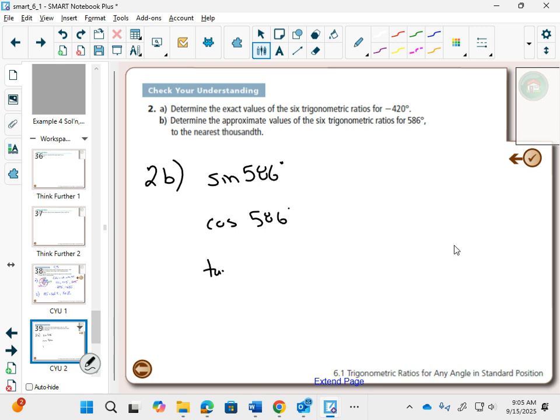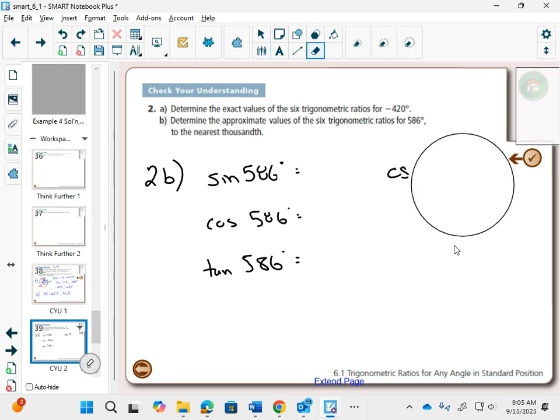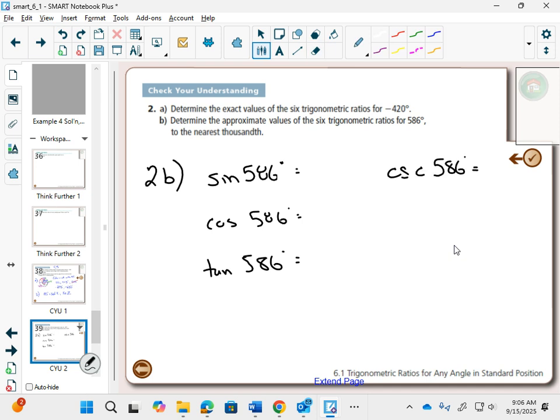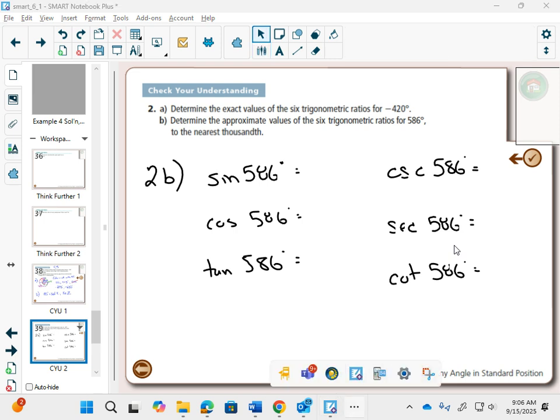And we're going to type in these three, and then we're also going to figure out the reciprocal ones as well. So the first three are going to be really straightforward because you can use your calculator.